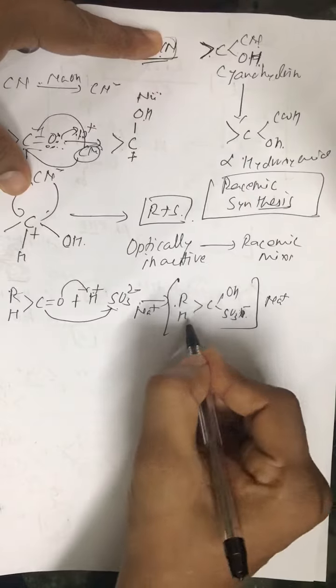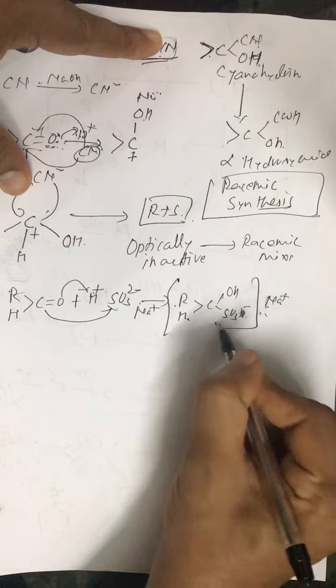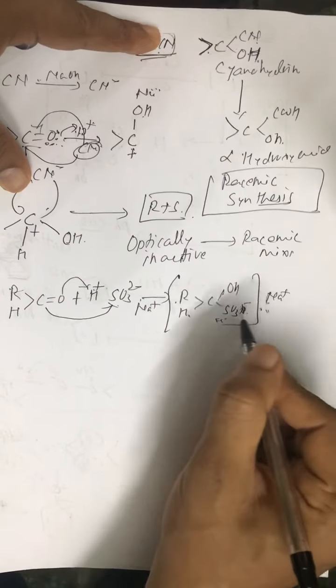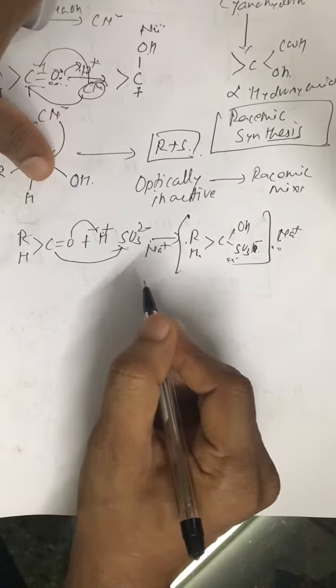So if it is an aldehyde, we call it aldehyde sodium bisulfite, and if it is a ketone, we call it ketone sodium bisulfite.